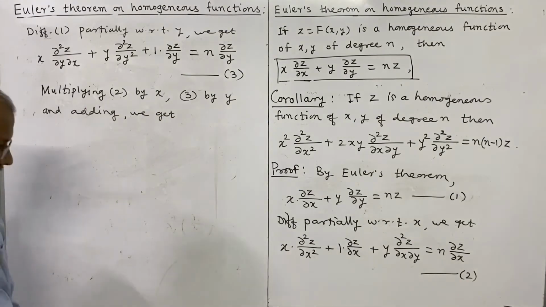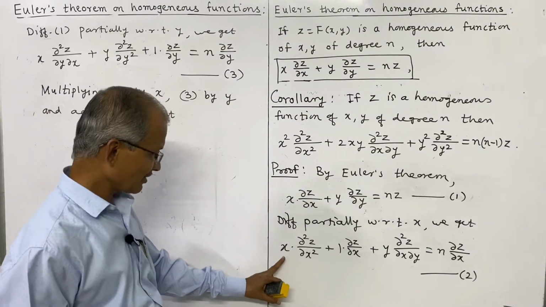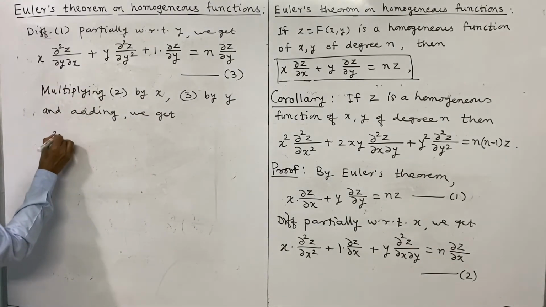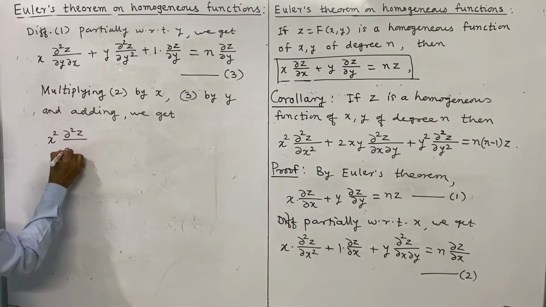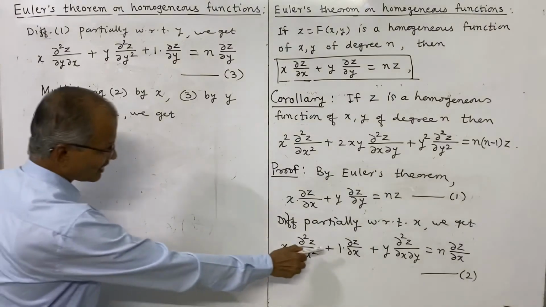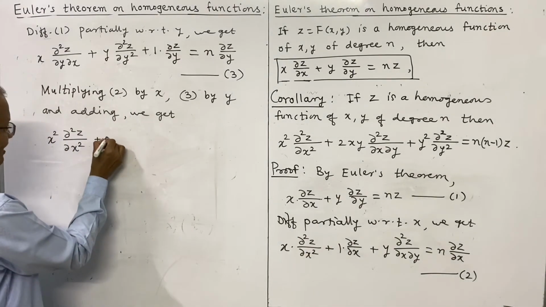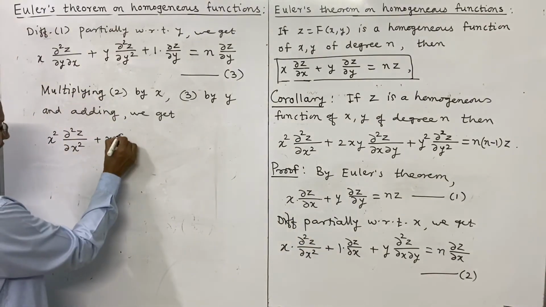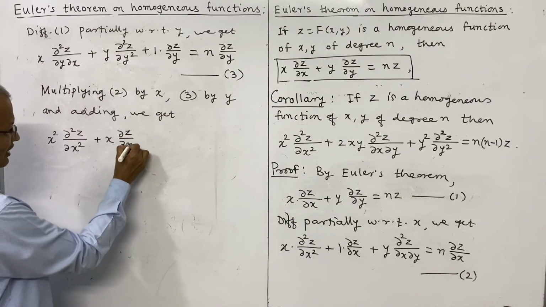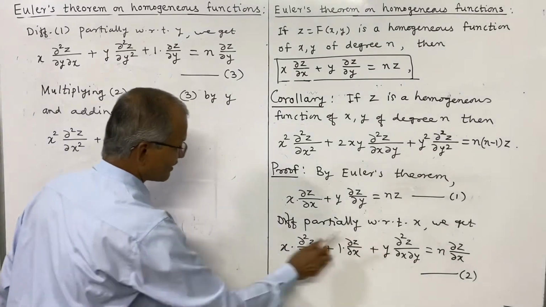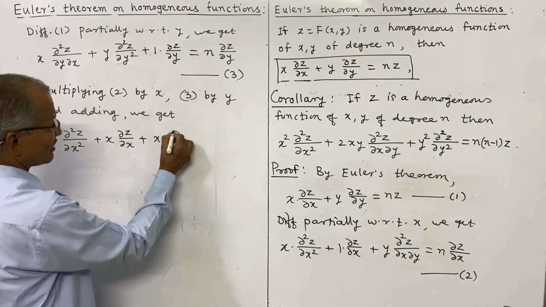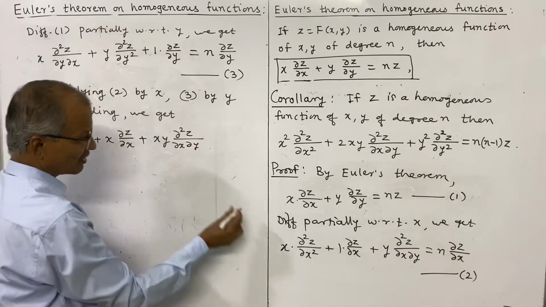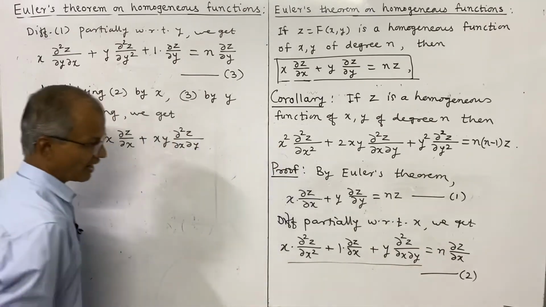Now see, it will be easy to write, so I shall multiply and write the term as x square dou square z by dou x square, plus x dou z by dou x. I shall write the second equation's left side first after multiplying by x: x dou z by dou x, plus this will be xy dou square z by dou x dou y. So this much is the product of the left side by x.